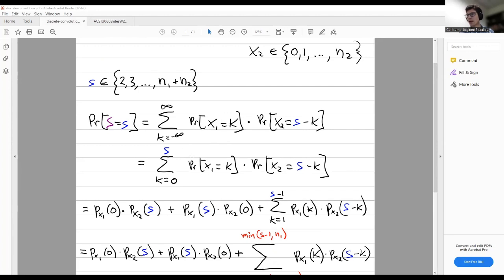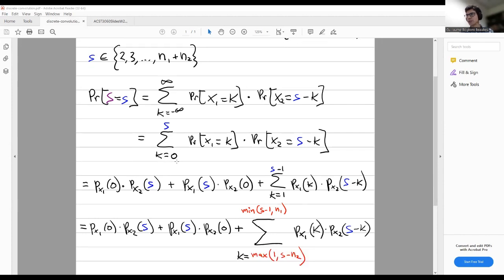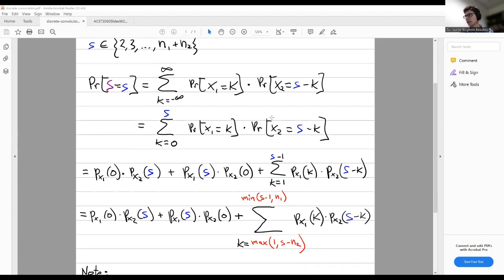So in the first step I can simplify the formula to k equals 0, and also I can stop it at little s. If you look at the second term here, probability X2 equals s minus k, if k were bigger than s, then you would have X2 equals something negative. All those probabilities are 0, so you can stop the summation at s.